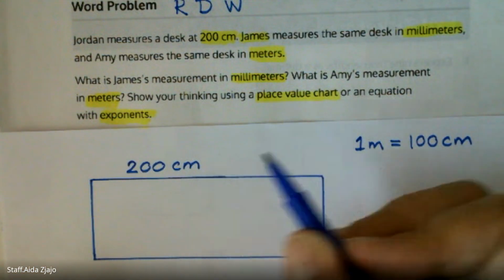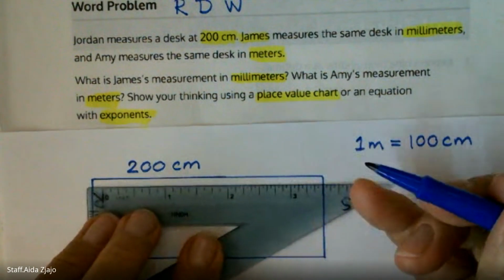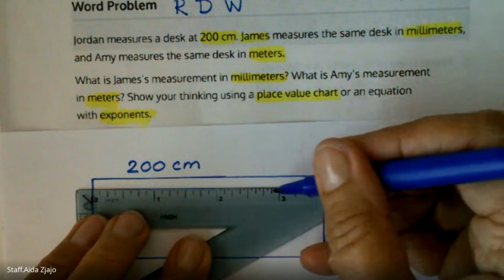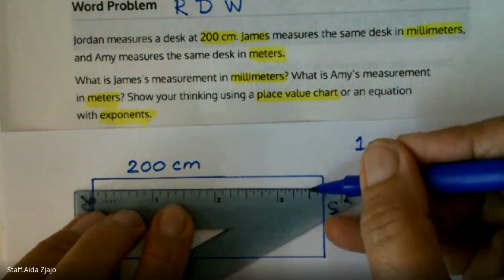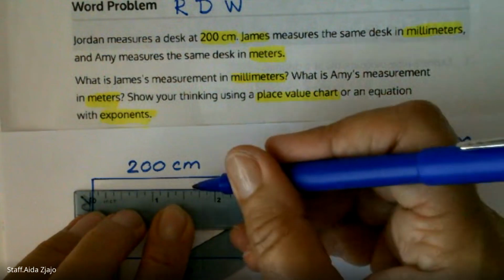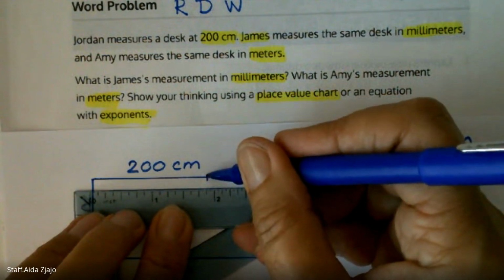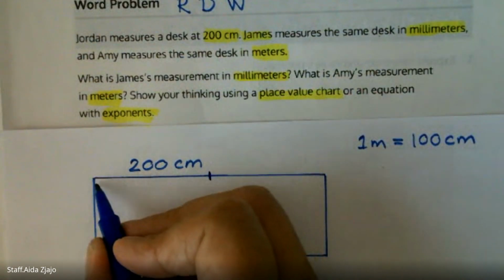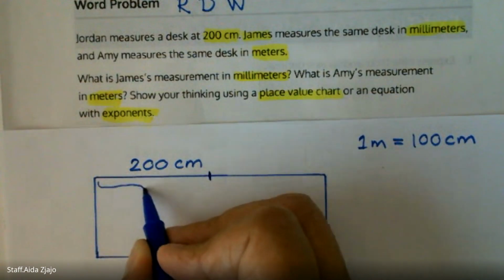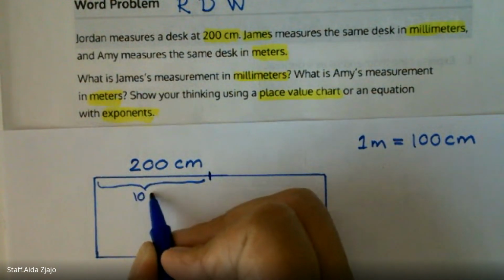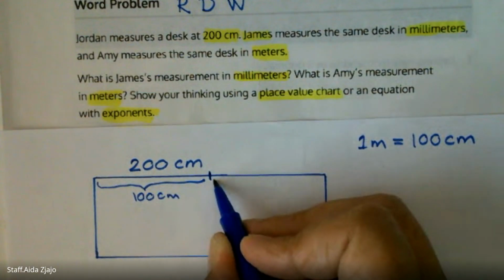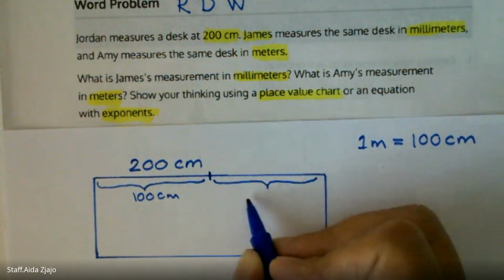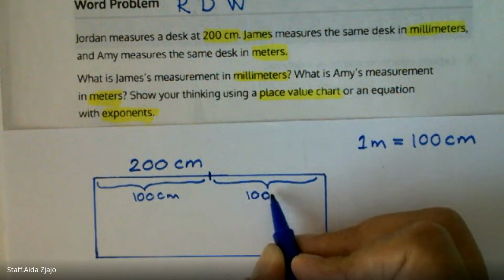So if I break this in half, about here should be the half. So this should be 100 centimeters, and this should be 100 centimeters.